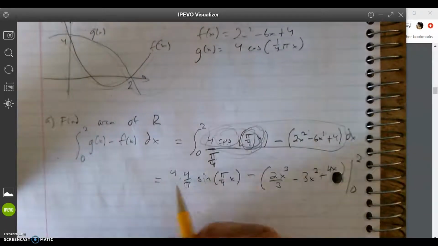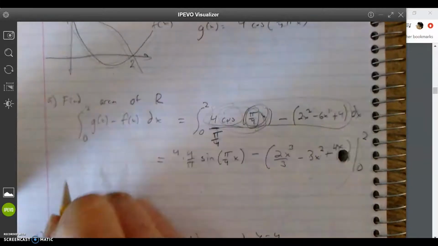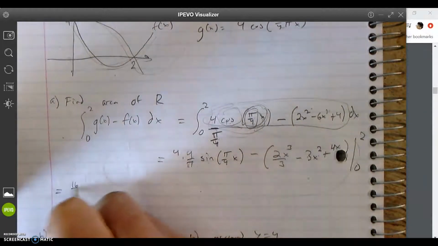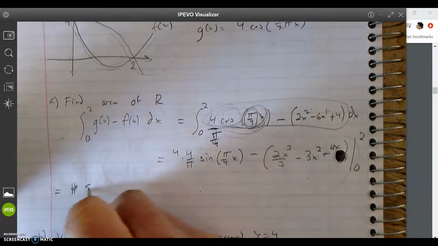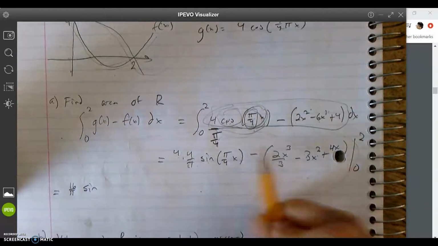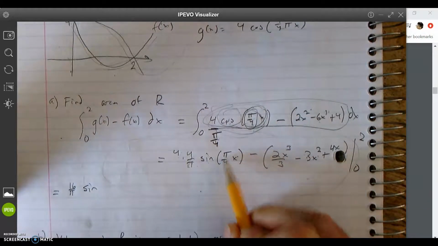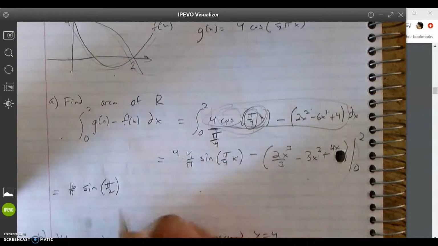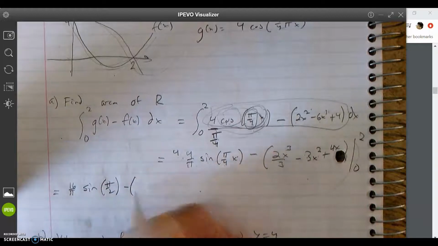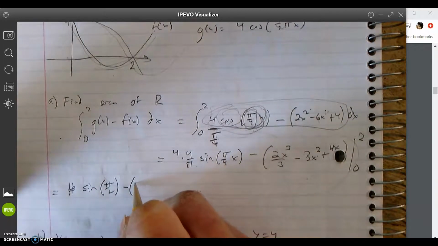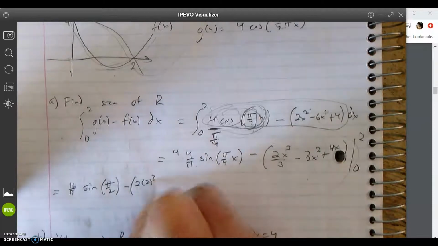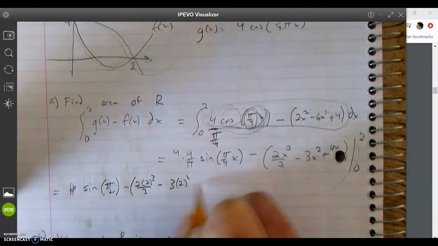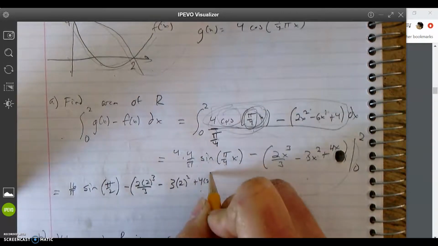Cool. So now we're going to plug in some stuff. I'm going to write over here so I've got more room. So it's going to be 16 over pi sine of, and we're going to plug in 2 first. So 2 pi over 4 is the same as pi over 2, minus, plugging in 2 here, this is going to be 2 times 2 to the third over 3, minus 3 times 2 squared plus 4 times 2.